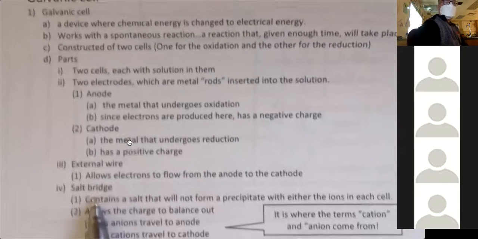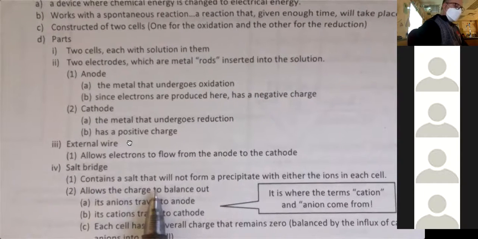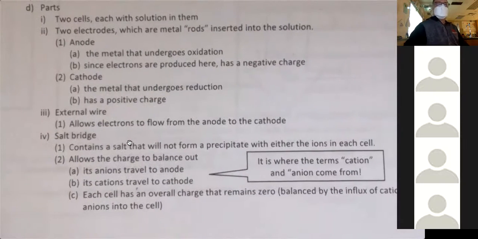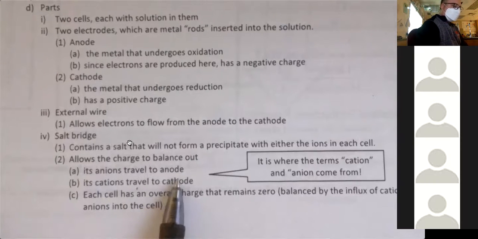External wire. That's the path that the electrons are allowed to flow. The salt bridge contains some type of salt that will not precipitate in either of the solutions and allows the charge to balance out. The anions travel toward the anode, and the cations travel toward the cathode.